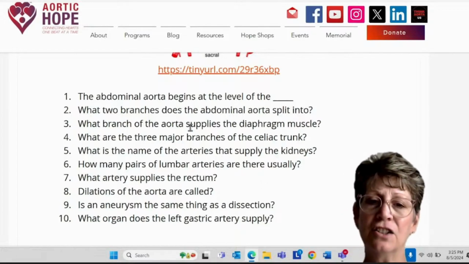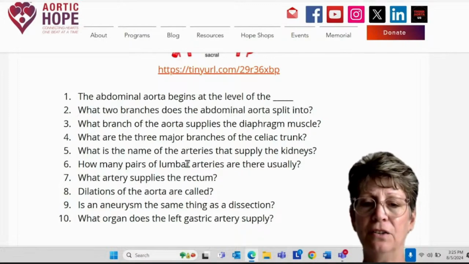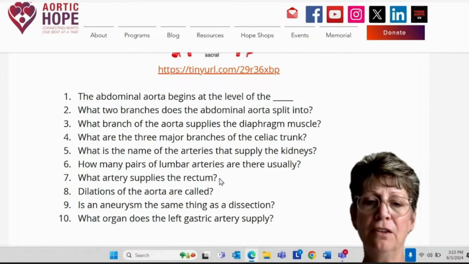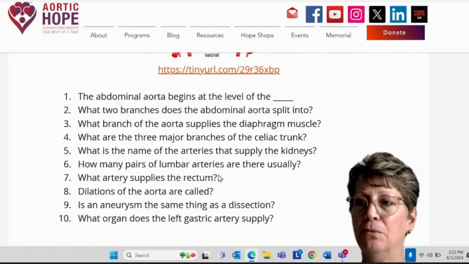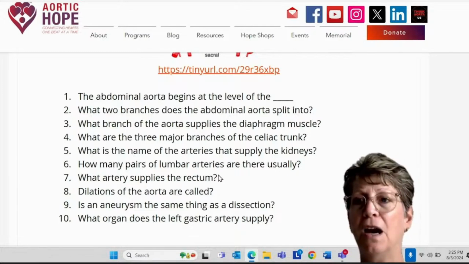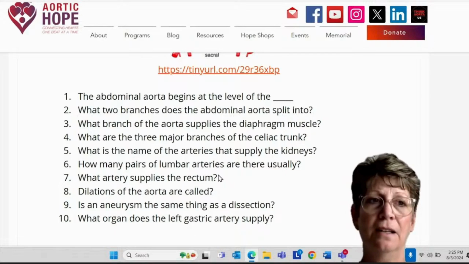But this is just so important, because this is how you learn the terminology, so that you can talk to the doctors. Almost every time I go for a CT scan, my doctor doesn't see me in an exam room.